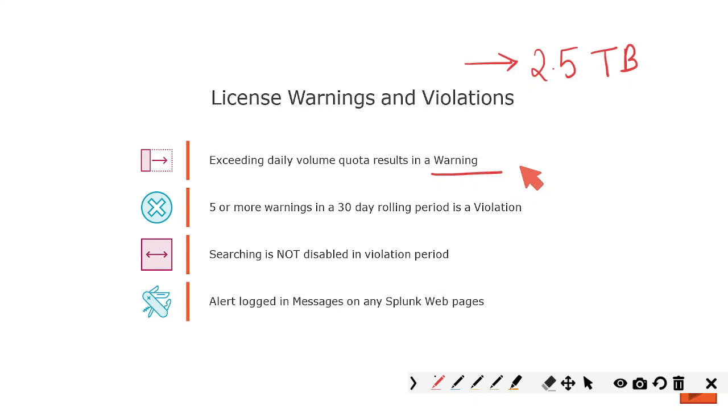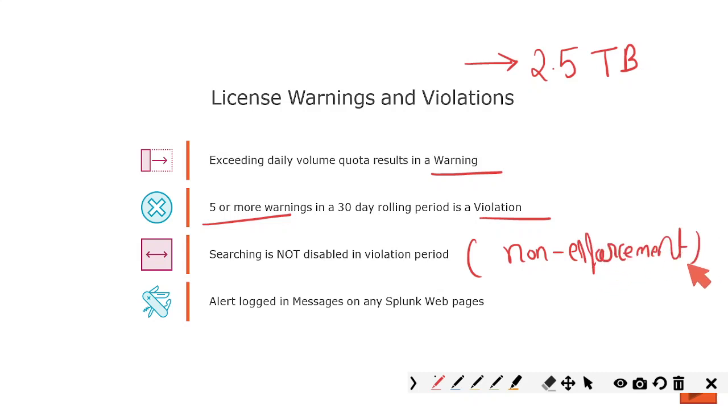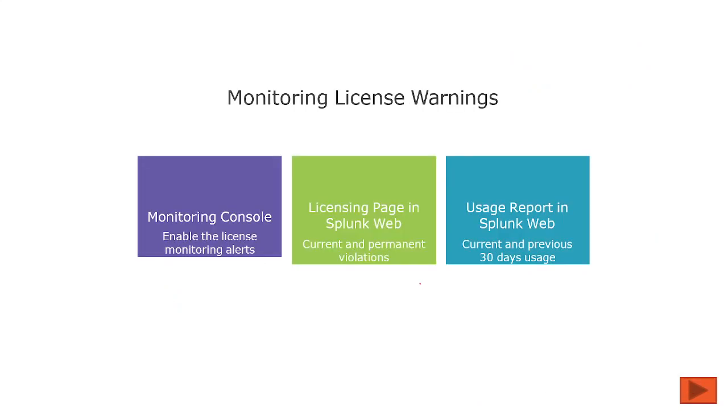If I get five or more warnings in a 30-day rolling period, that comprises a violation. Since we have a non-enforcement license, what we mean by that is your searching will not be disabled in that period. That is something important.